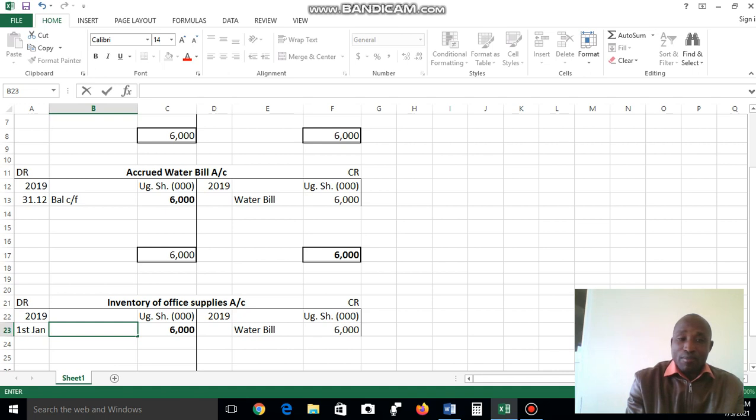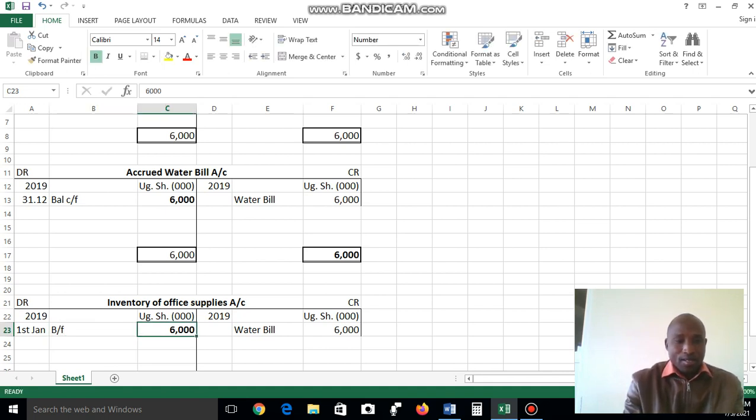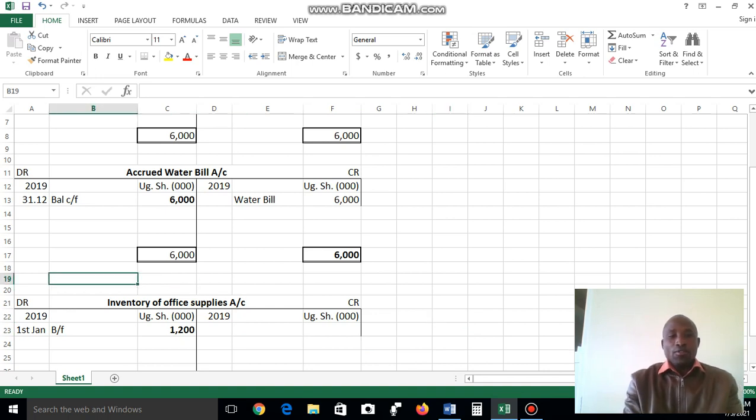Since it is in the trial balance, this is balance brought forward of how much? I think it was 1.2 million, 1,200,000. This is not there, because I'm getting a new account called inventory of office supplies.